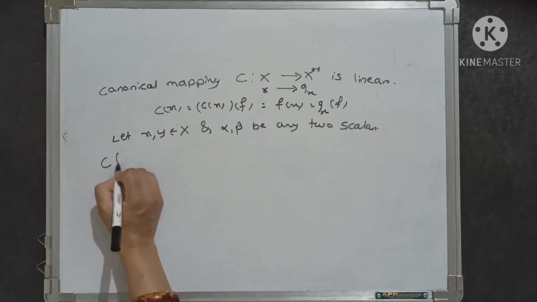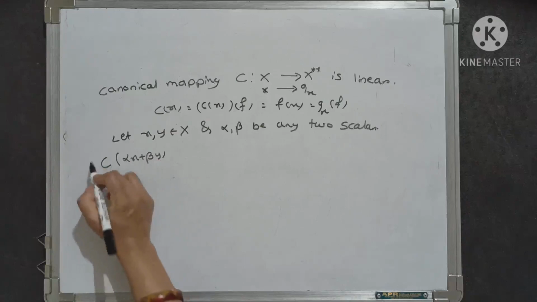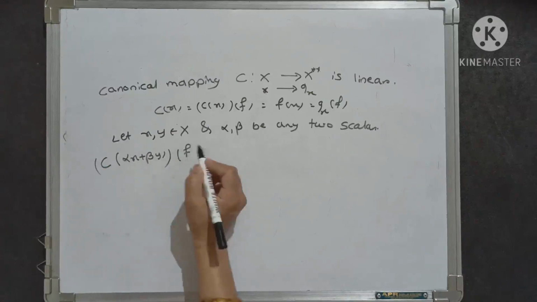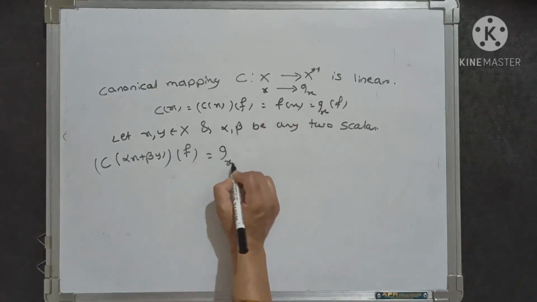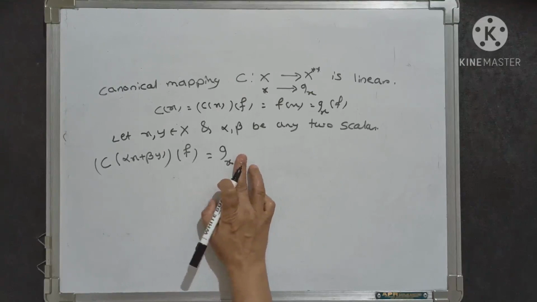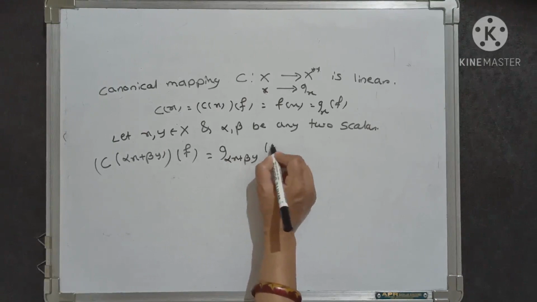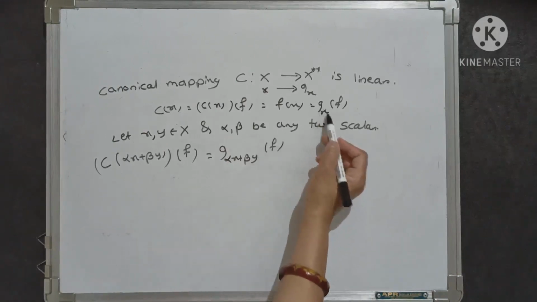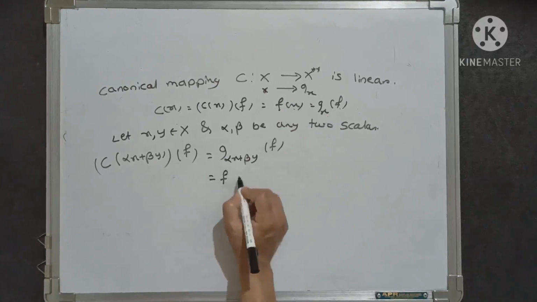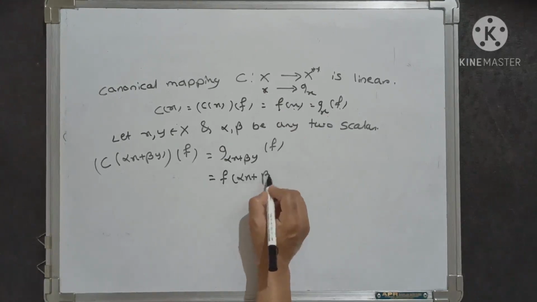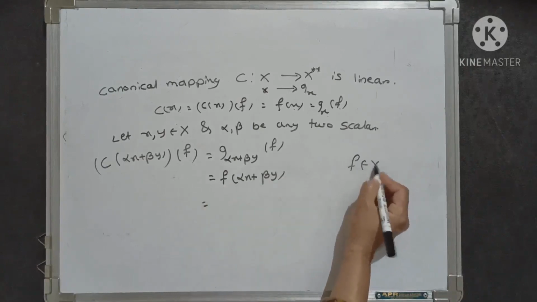Then C of alpha x plus beta y, applied on f, is equal to, by using this definition, G of alpha x plus beta y of f. Now Gx of f is equal to f of x, and therefore it is equal to f of alpha x plus beta y. Now f is linear because f is an element of X star.